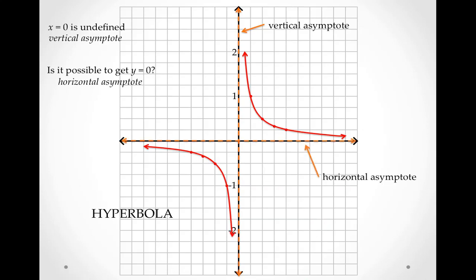So in a sense, these two axes in this case, which form our vertical and horizontal asymptotes, divide our graph up into 4 sections. And our actual graph then ends up in 2 corners of those 4 sections.